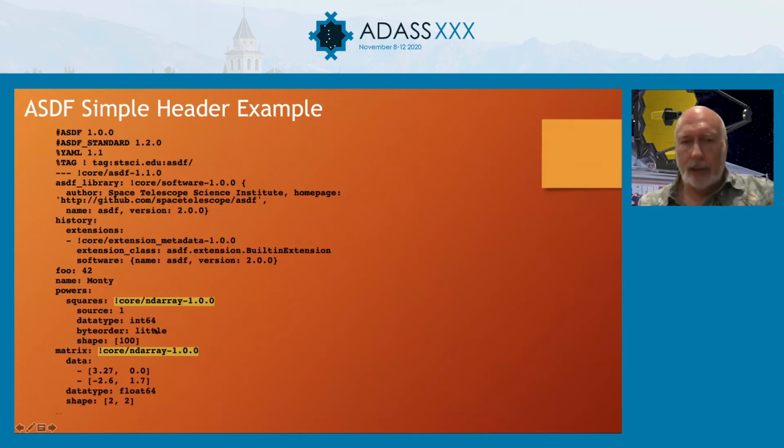So the actual data is found in a binary block. And so this tells you which block, what kind of data is in the array. It's int64, what the dimensions of the array are and all that. Here's another array. And the difference in this case is, it's exactly the same type, but the data are inline.